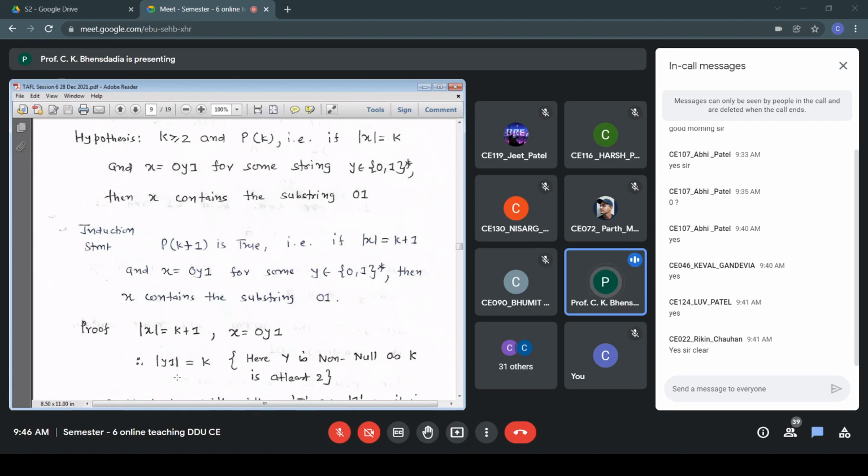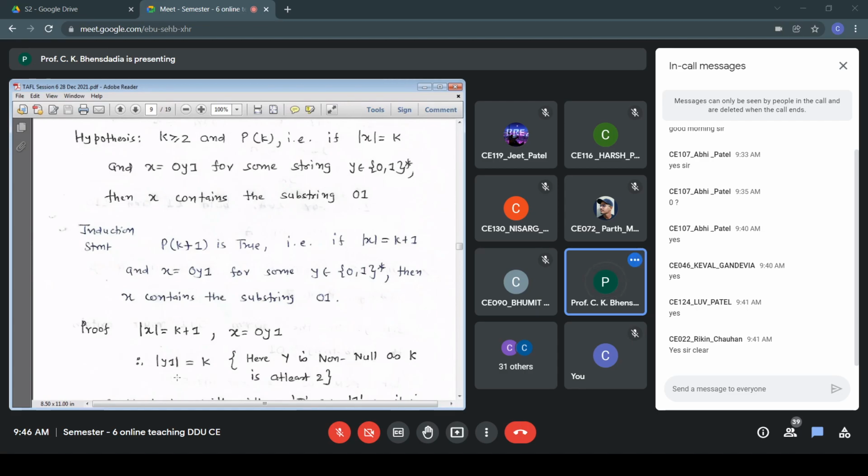Now k is at least 2, and length of y1 equal to k. It means y is not null. Length of y1 equal to k, k is at least 2. Therefore, the string y cannot be null. Y is not null. That is our observation number 2.